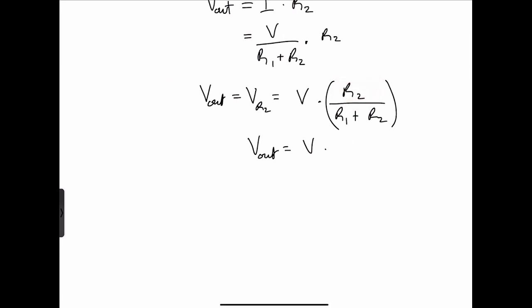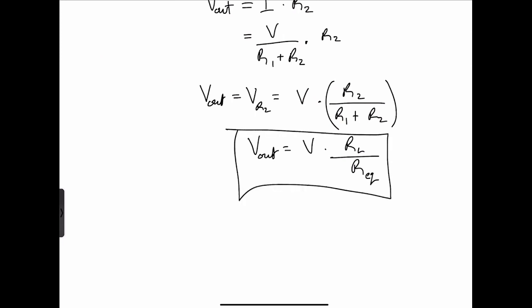We're going to call that the load resistance, RL. And we're going to call this the total resistance, normally written R equivalent, seen by the voltage source, all over REQ. And that is the voltage across the resistor of interest. And that is a voltage divider equation. So we have here the resistor of interest and the total resistance seen by the voltage source itself, and that gives us the voltage across whatever you need.